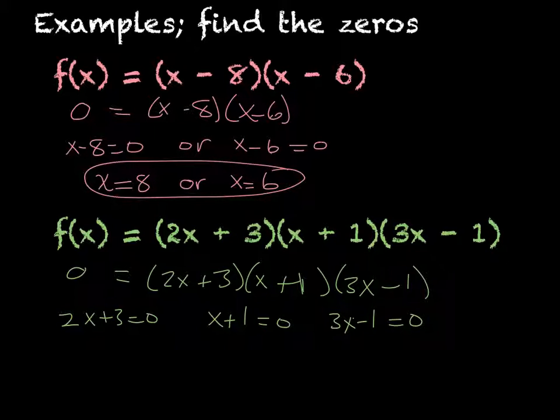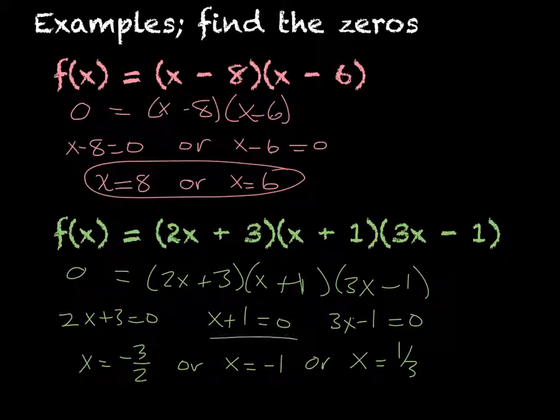So we subtract 3 and divide by 2. So x equals negative 3 halves, or subtract the 1, x equals negative 1, or add the 1, divide by 3, x equals 1/3. So those would be our 3 possible zeros.